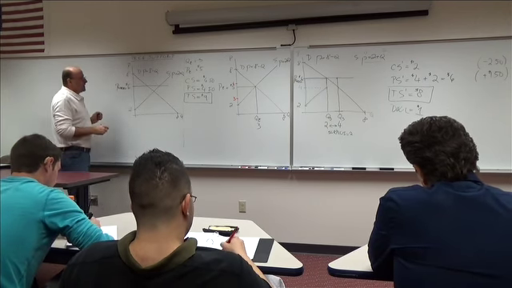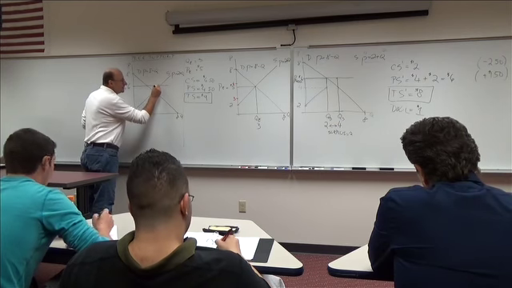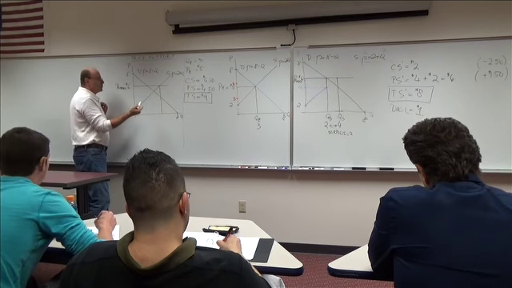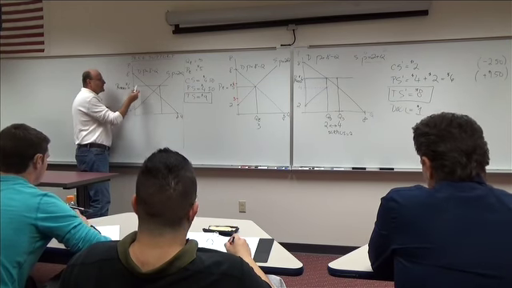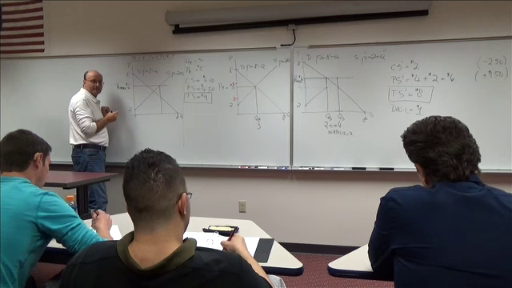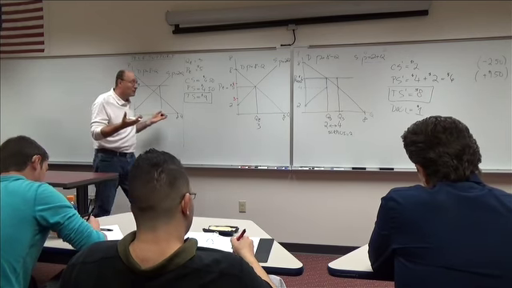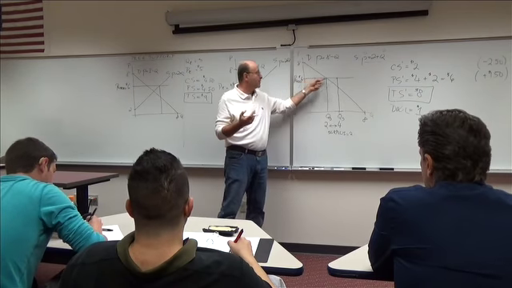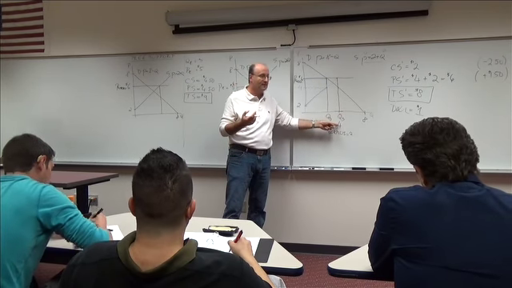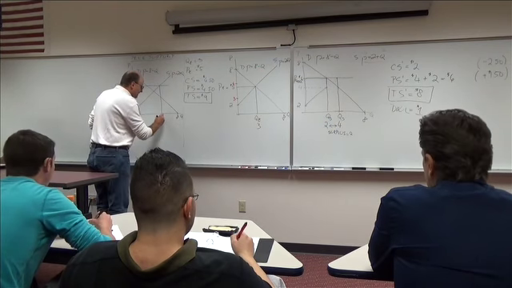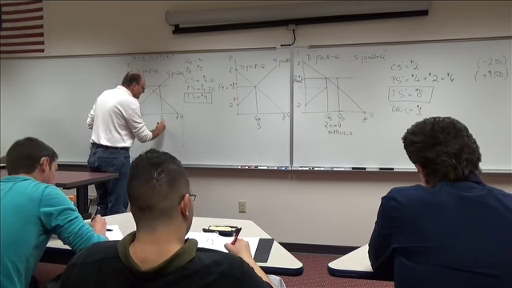So tell me, what is the quantity supplied firms are willing and able to produce at price $6? 4 units. Quantity supplied, 4 units.